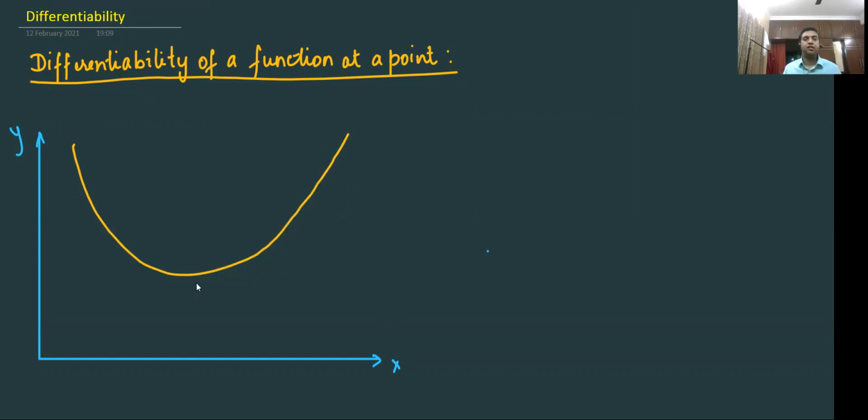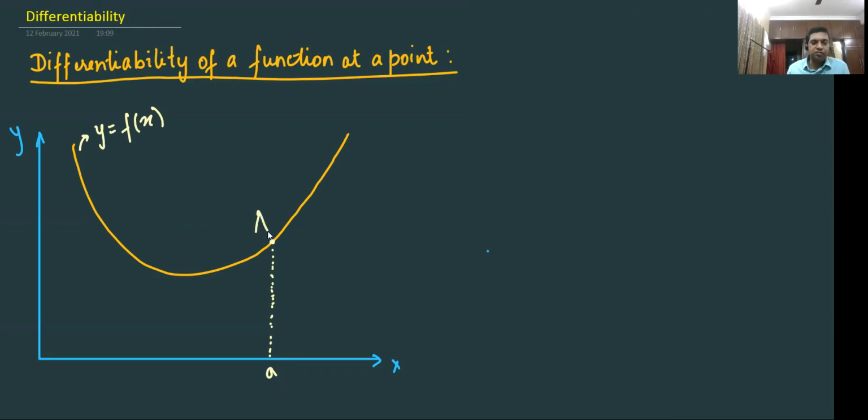Now let us consider say a point A. This is the function y equal to f of x. There's a function, there's a curve. Now this is the point A.